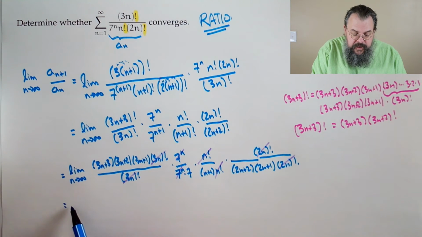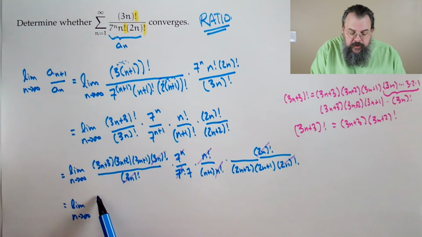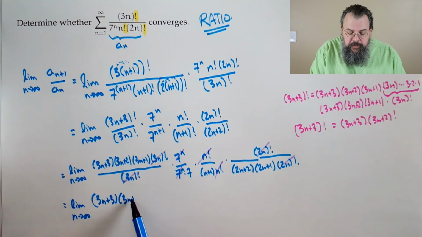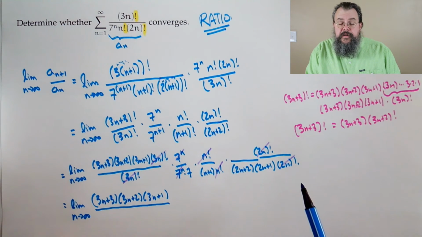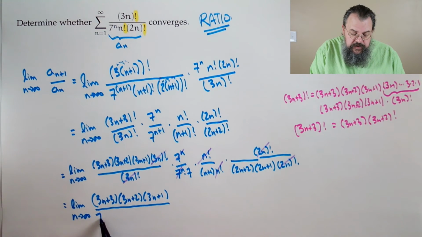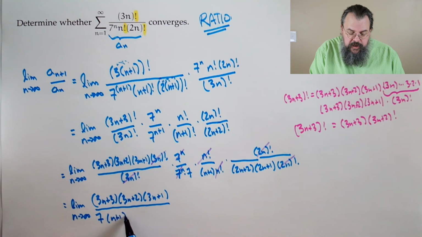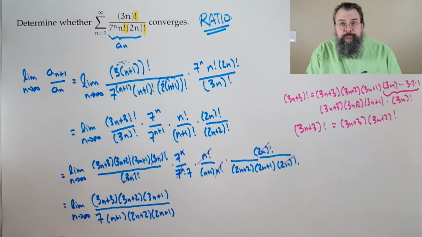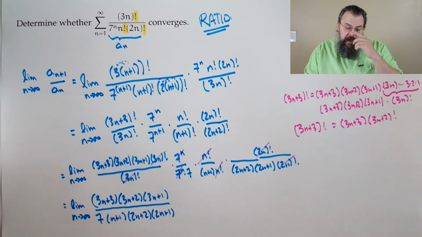Well, this is the limit as n goes to infinity. We have 3n plus 3, 3n plus 2, 3n plus 1. Everything else got canceled upstairs. Downstairs, 7, n plus 1, 2n plus 2, 2n plus 1. Okay, so that's where we're at.